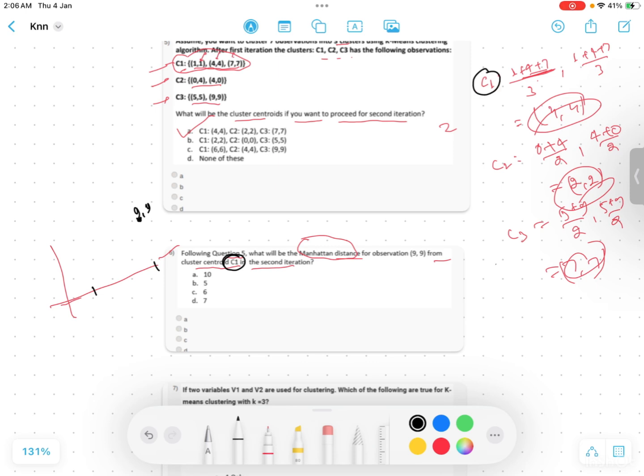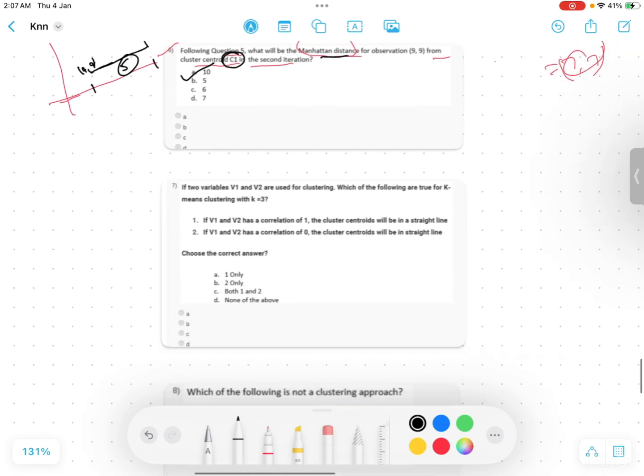The centroid of C1 in question number 5 is 4 comma 4. So maybe 4 comma 4 will be somewhere here. We go in the x direction, so this distance is 5, and we go in the y direction, so this distance is again 5. You add these two distances, and that will be the Manhattan distance. So 5 plus 5, that is 10. So the correct answer for this is 10.